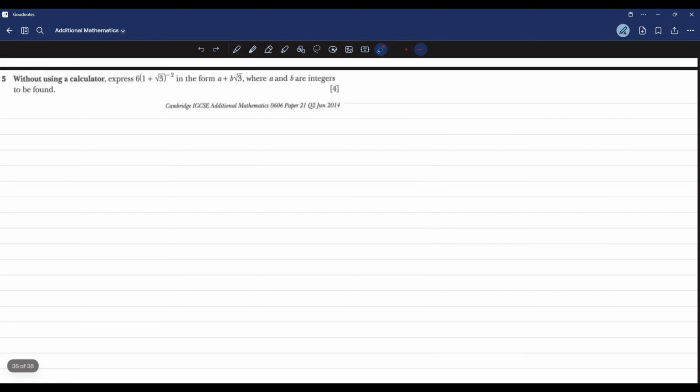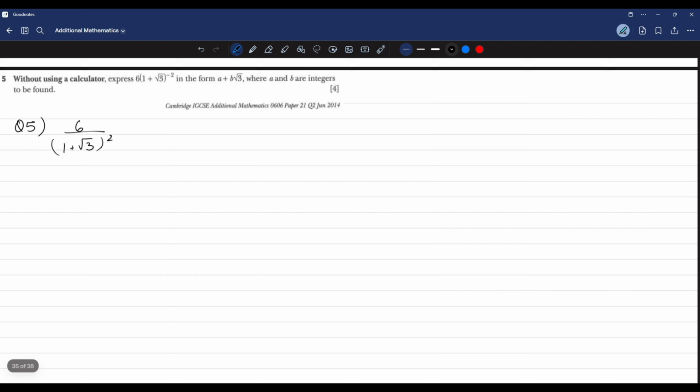So basically, before we go forward, let's understand what the question says. It says that we have to express this into a plus b under root 3. So basically they're telling us that we should simplify this. And how are we going to simplify this? If I were to write this in the correct form, 6 divided by 1 plus under root 3 whole squared.